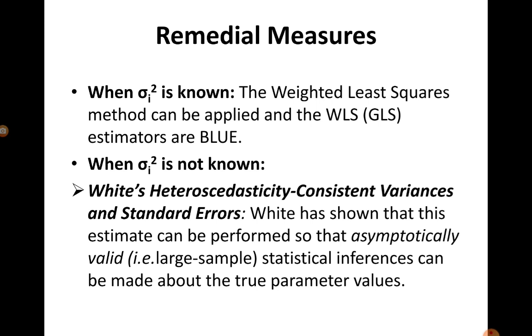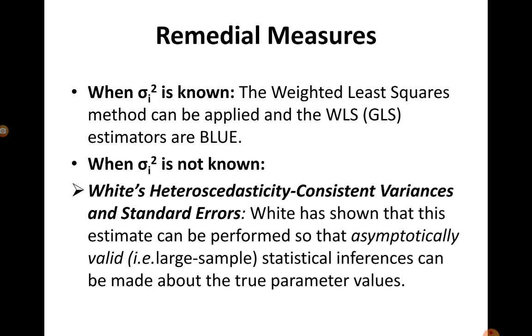But now what if sigma i square is not known? And generally, more often, the population sigma i square is not known. In that case, one of the most popular methods is the White's heteroscedasticity consistent variances and standard errors method.